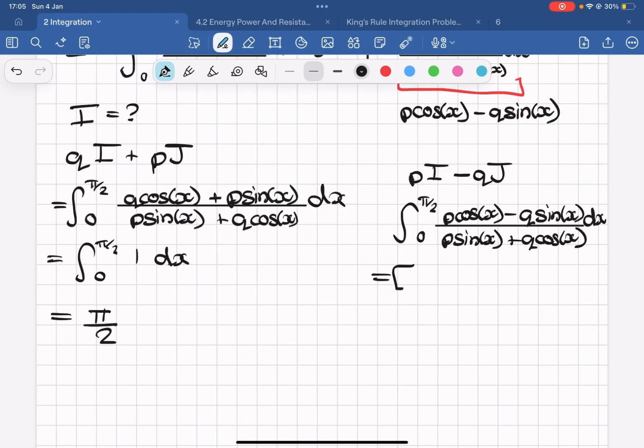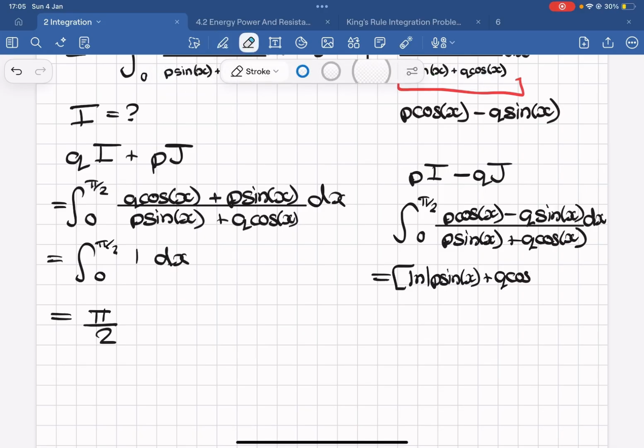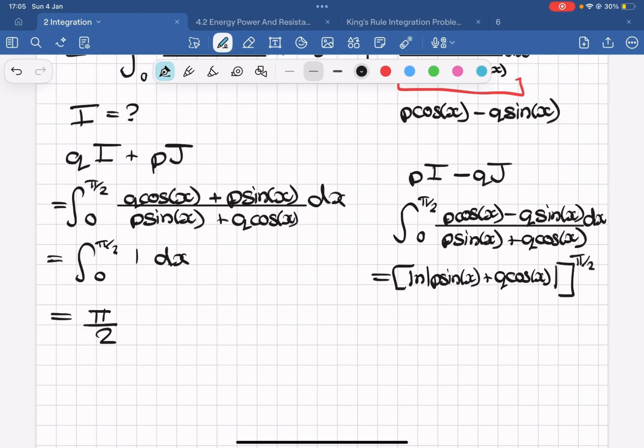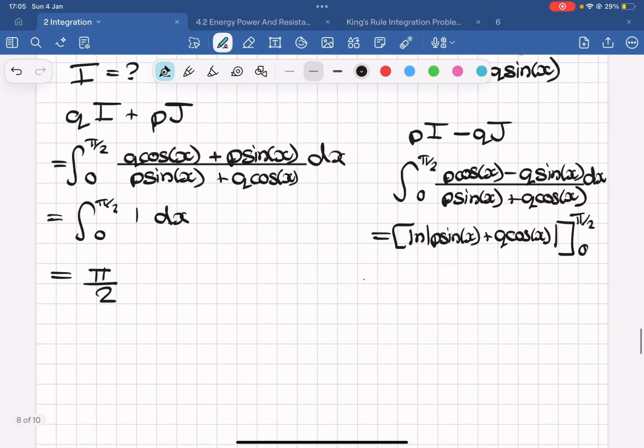This integrates to give us ln p sin x plus q cos x. Let's quickly check. p sin x differentiates to give us p cos x, q cos x differentiates to give us minus q sin x, and we're evaluating the area from 0 to pi over 2.